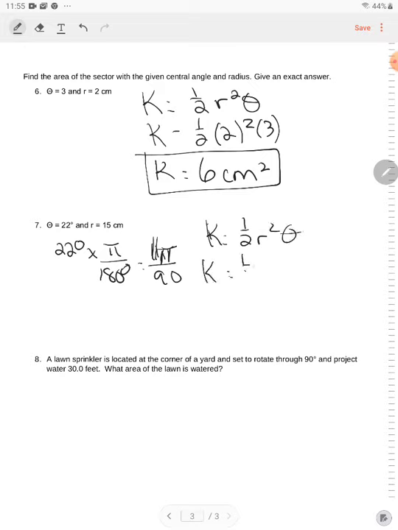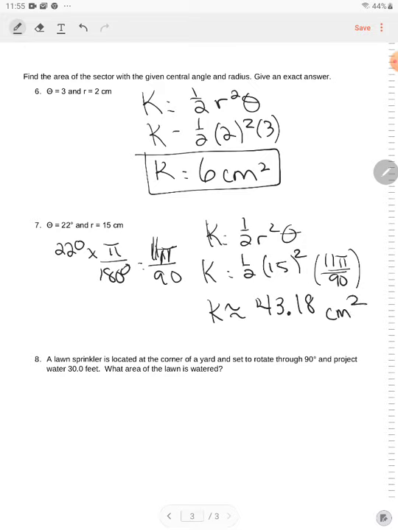K is equal to 1/2 times 15 squared times 11 pi over 90. So K is approximately 43.18 centimeters squared. And you'll be told what to round to, either the number of significant digits or to place value.